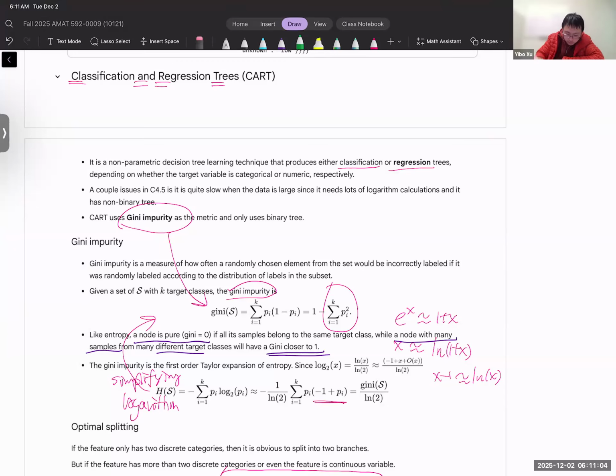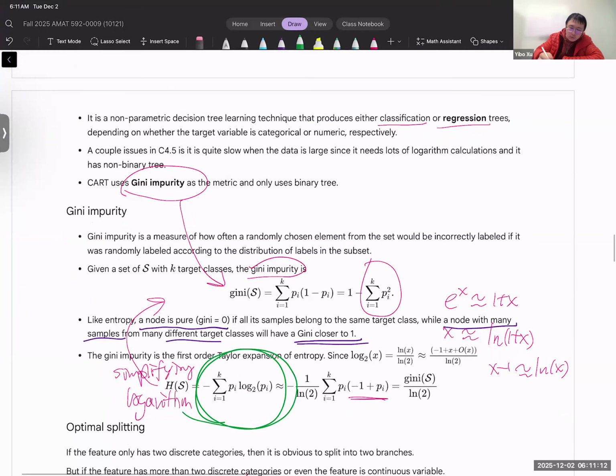So for entropy, it's calculated by p_i times the logarithm of p_i, base 2. But once again, the logarithm is relatively expensive compared to the linearized version of the computation. So the Gini impurity here is even more efficient.